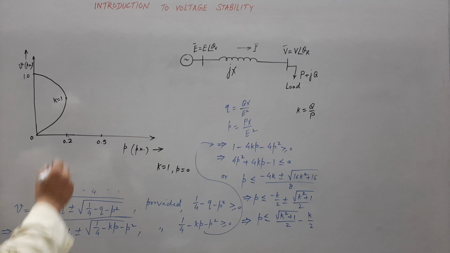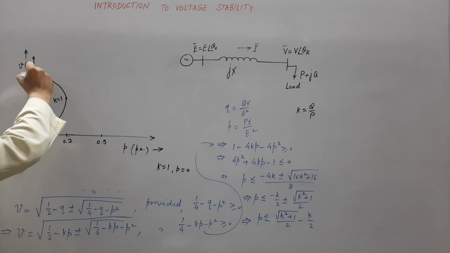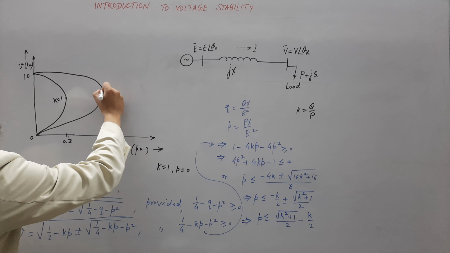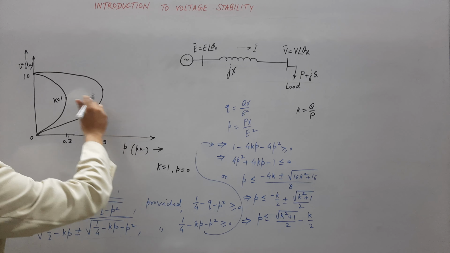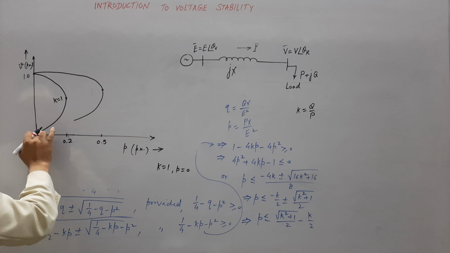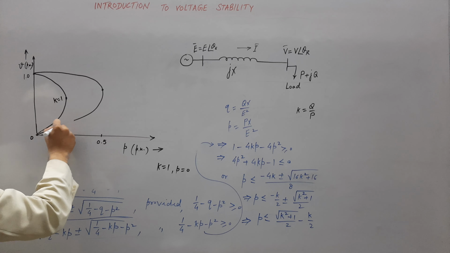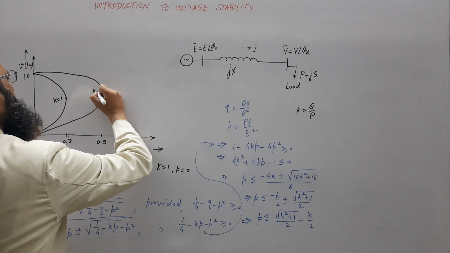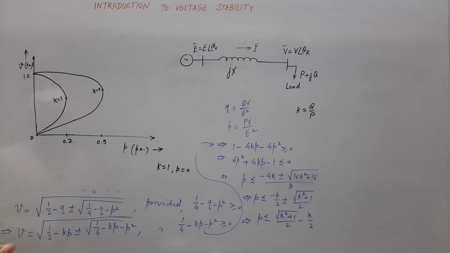It means if you plot, it will be something like this. This is 0.5. Draw some neat sketch in your notebook. 0.5, that is k equal to 0.